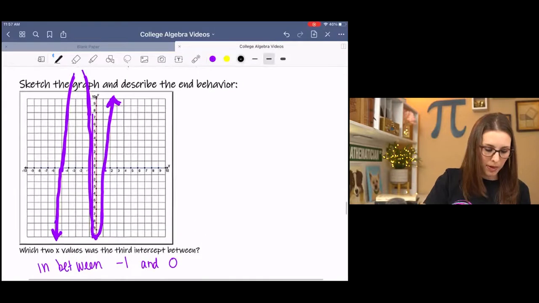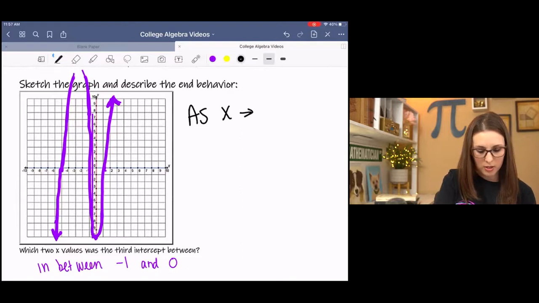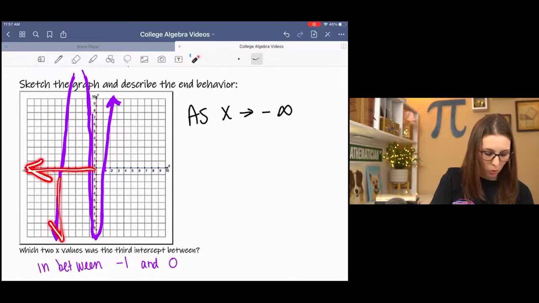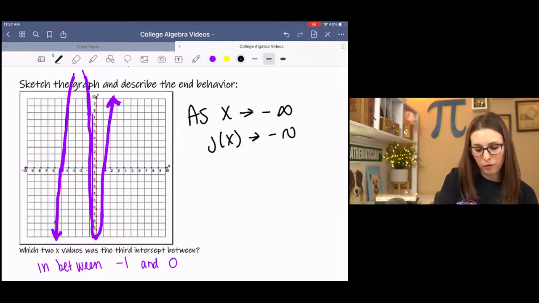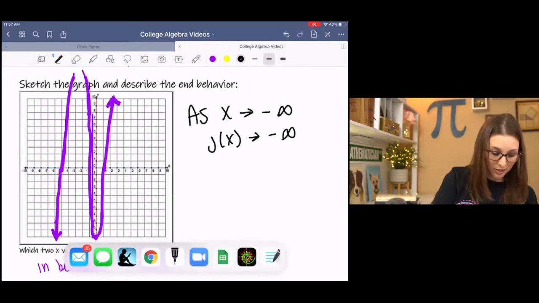Then the end behavior: we can see that as x approaches -infinity, so as x gets smaller, our y values also get really small. If you're having trouble seeing that from the graph, you can look at the table of values.